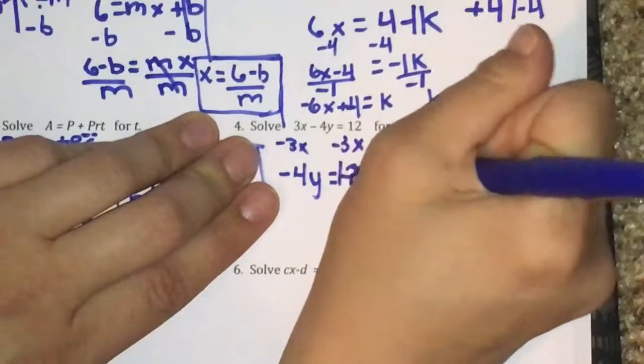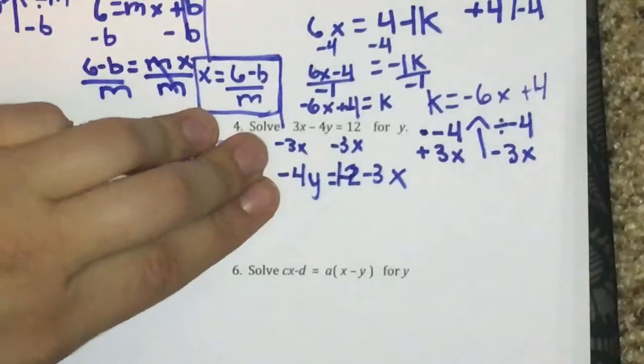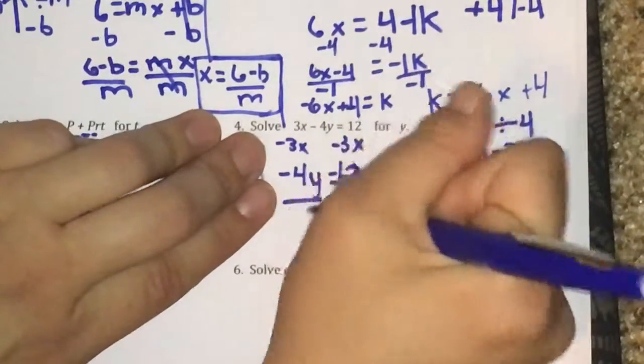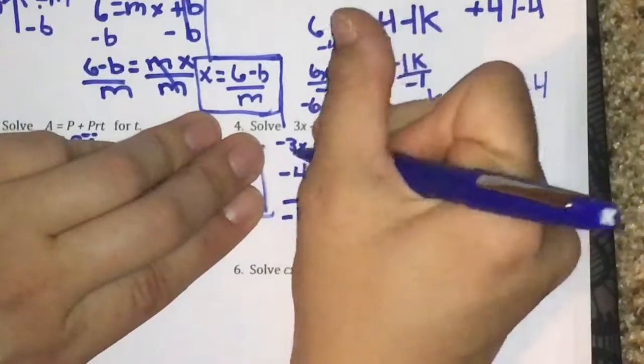12 minus 3x. Then from here, instead of multiplying by negative 4, we can divide by negative 4. In this case, those cancel.